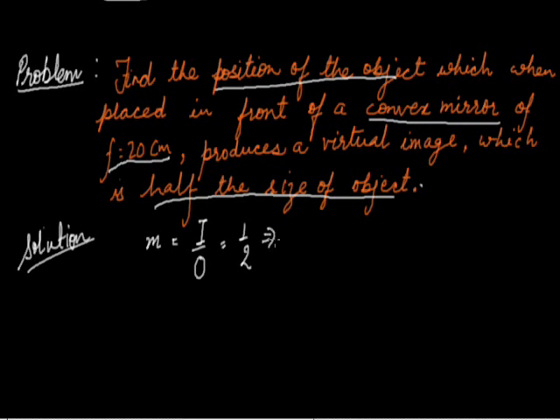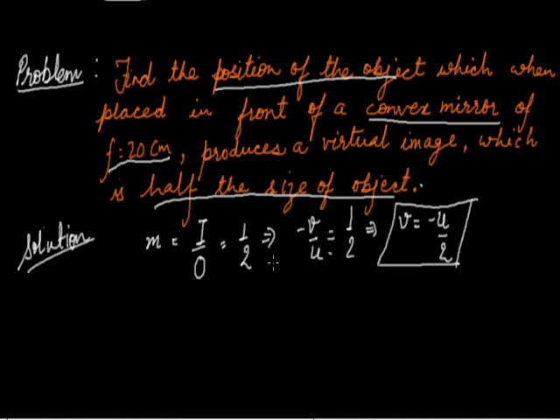That is, if we take it in terms of U and V, then we find that minus V upon U is equal to 1 by 2, and it implies V is equal to minus U upon 2. So here the relationship between image distance and object distance is that it is half and on the opposite side of the mirror.